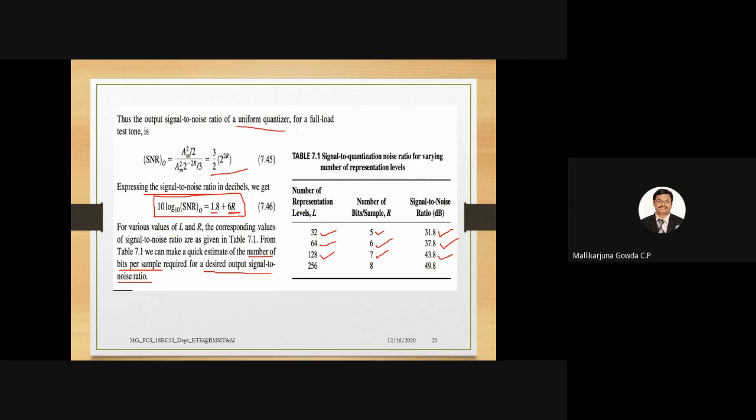When R is 8, 6 into 8 is 48, plus 1.8 is 49.8, and 2 power 8 is 256 quantization levels.